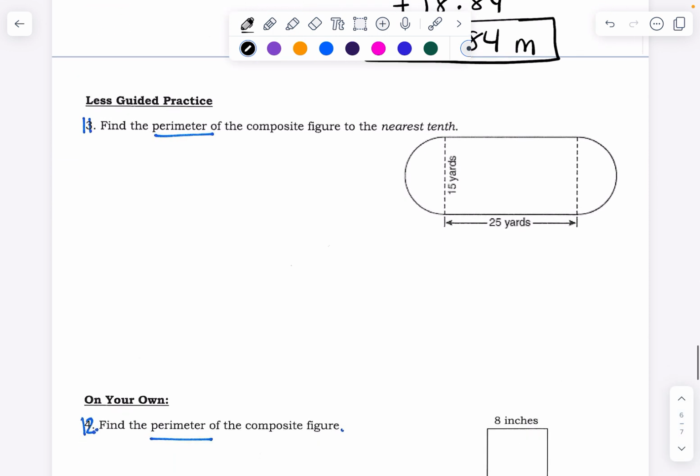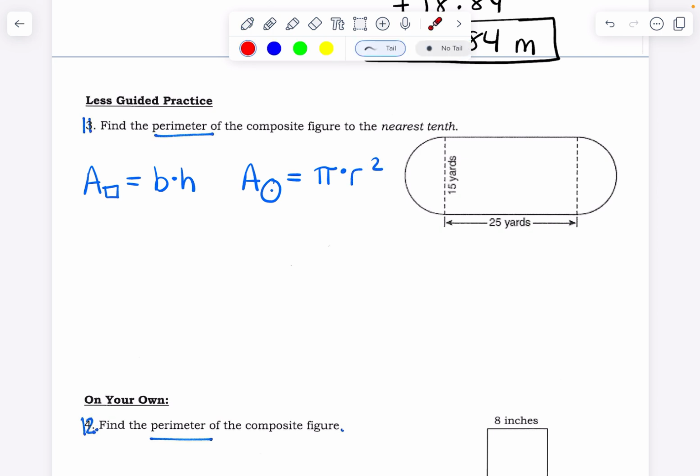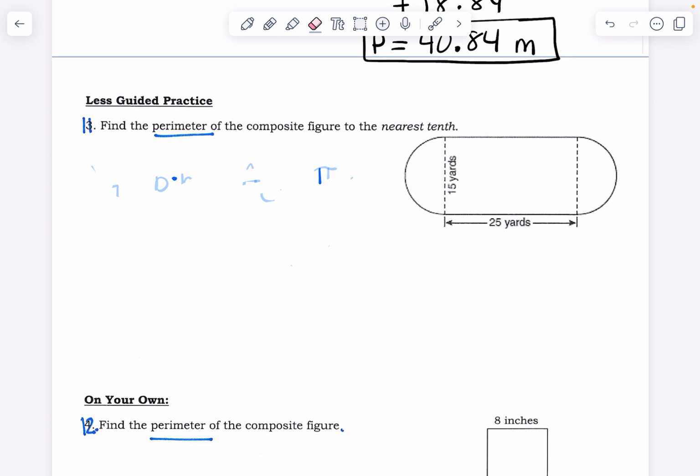Alrighty, number 11. The two shapes that we see are a rectangle, which is base times height, and two half circles, and two half circles make one entire circle. So let's understand what I'm doing. It says find perimeter. I apologize. I'm so glad I caught that mistake.